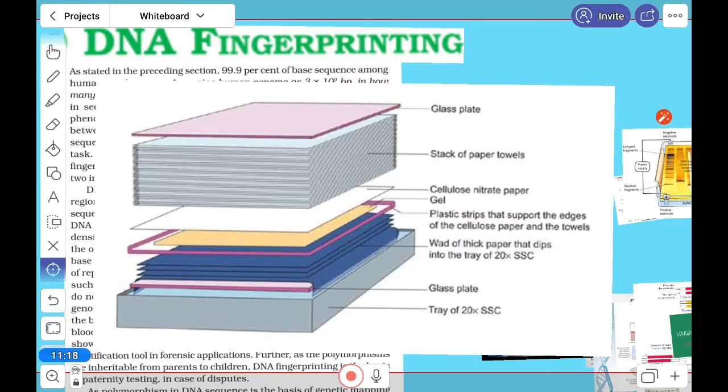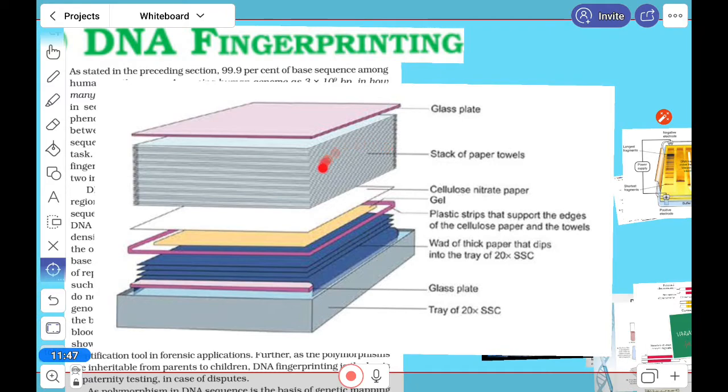When we get the bands from the gel, the gel is not permanent. We have to make it permanent with nitrocellulose paper, and here is the gel. So the gel is set, and here is the stack of papers, glass and some other things, but the main things are the gel, the nitrocellulose paper, and the photographic plate which can take the image.